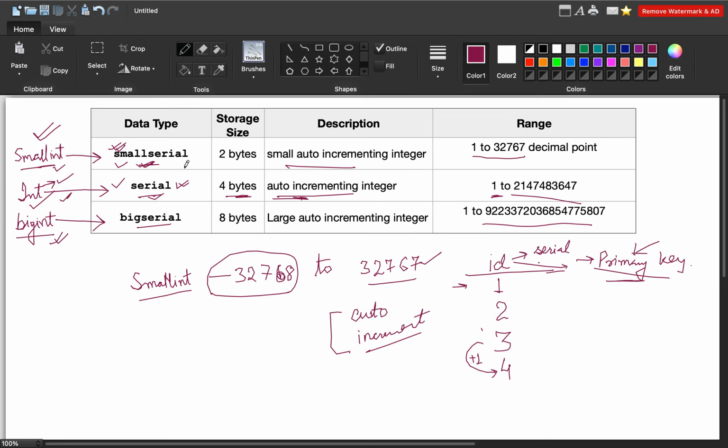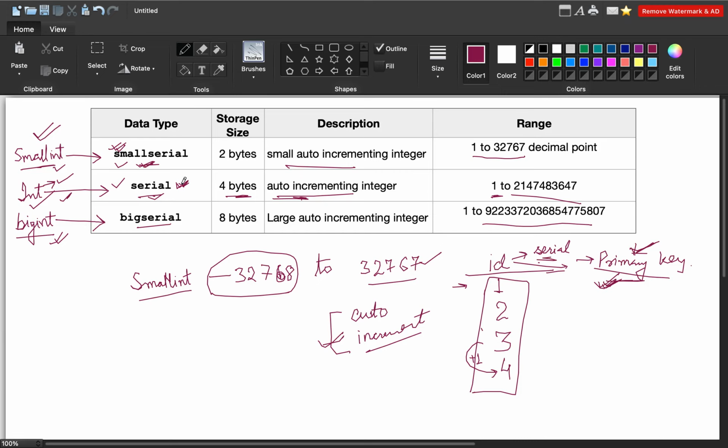The reason is that serial data type definitely gives you an auto increment feature, but it never says that these values would be unique. That is why it is not advisable to use serial data type as primary key unless you are very sure.